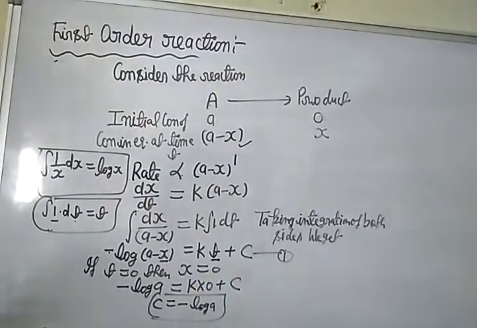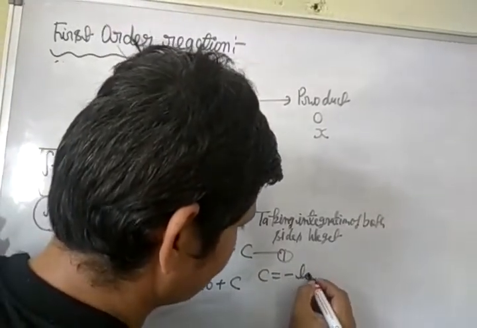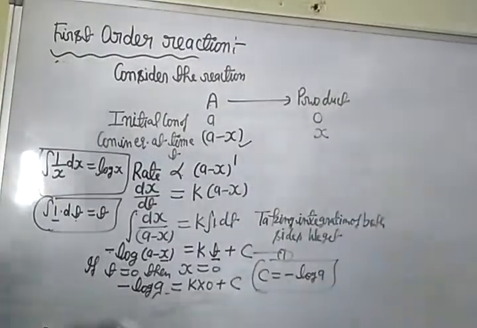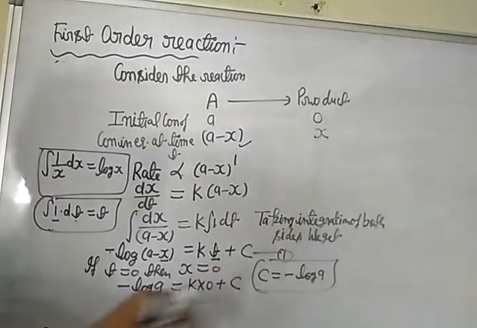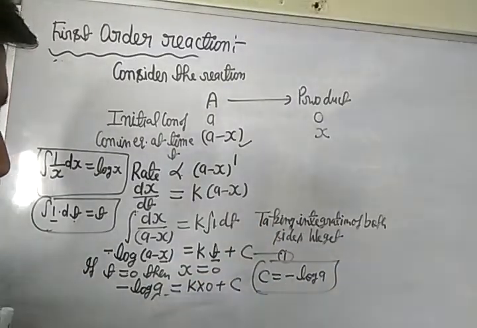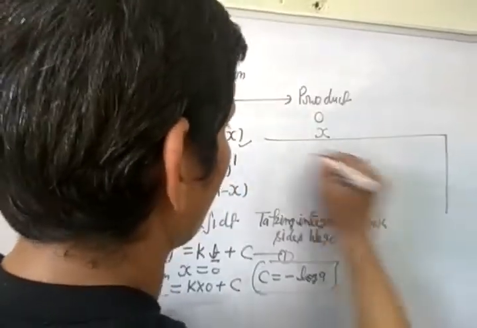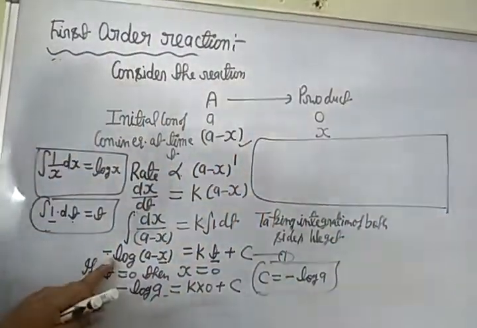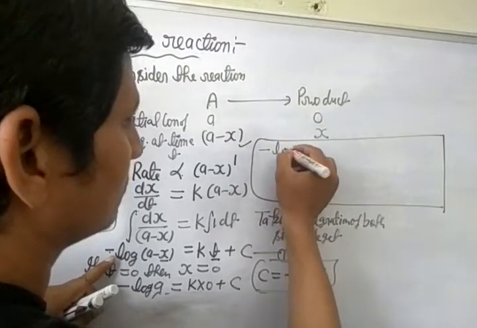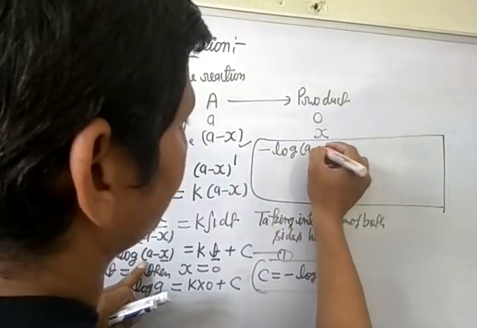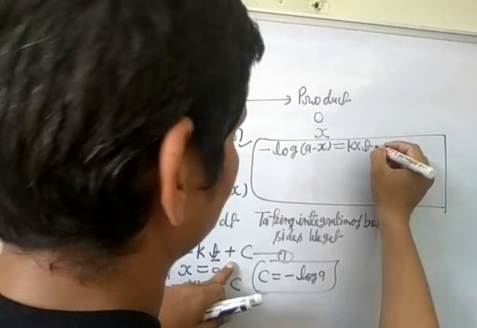Putting this value of c, which is minus log a, in equation 1, we get minus log a minus x is equal to k into t plus c.